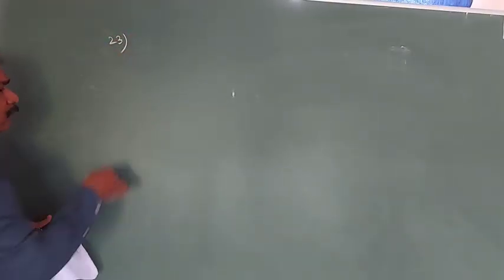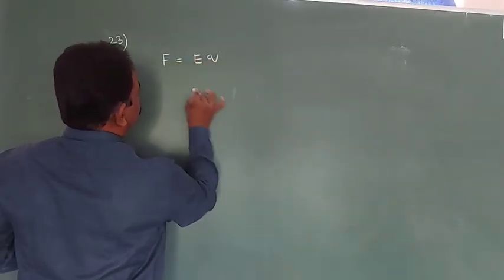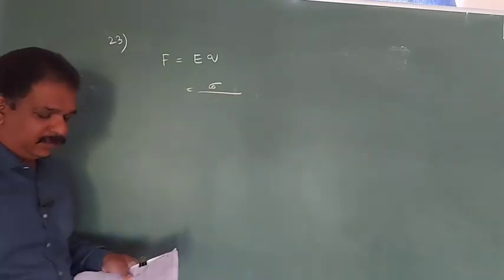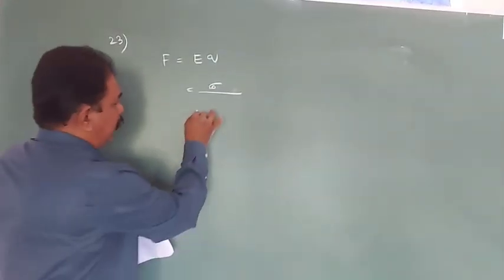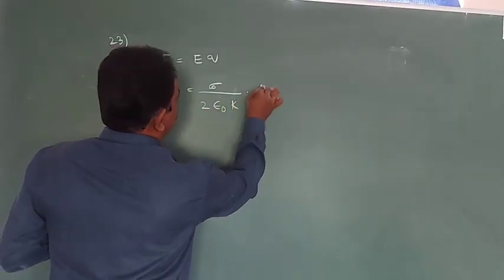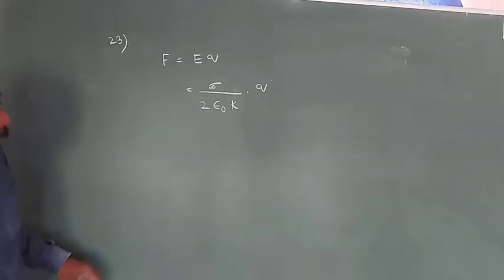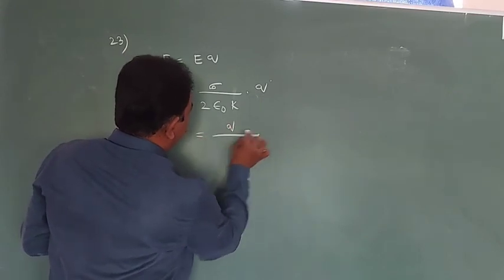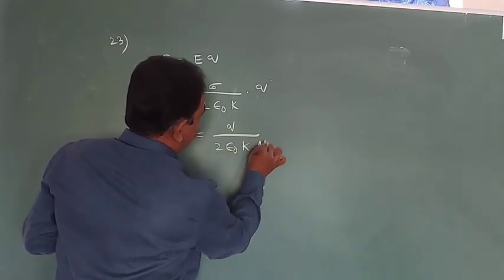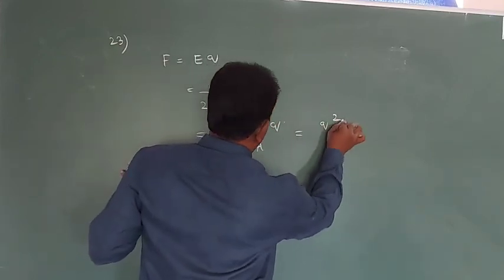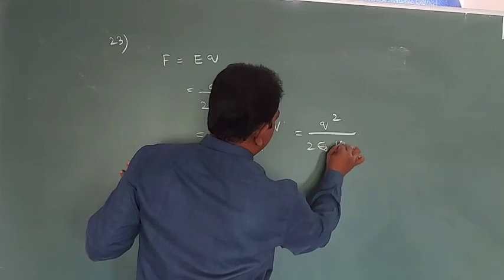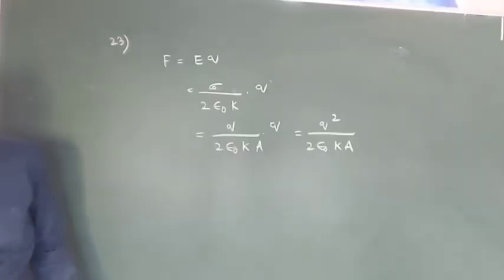For 23, the force of attraction between the two plates, F is equal to E into Q. E is sigma by 2K epsilon naught, into Q. But sigma is equal to Q by A. So it becomes Q by 2 epsilon naught K into A, into Q, which is Q square by 2 epsilon naught K A. That is the formula.